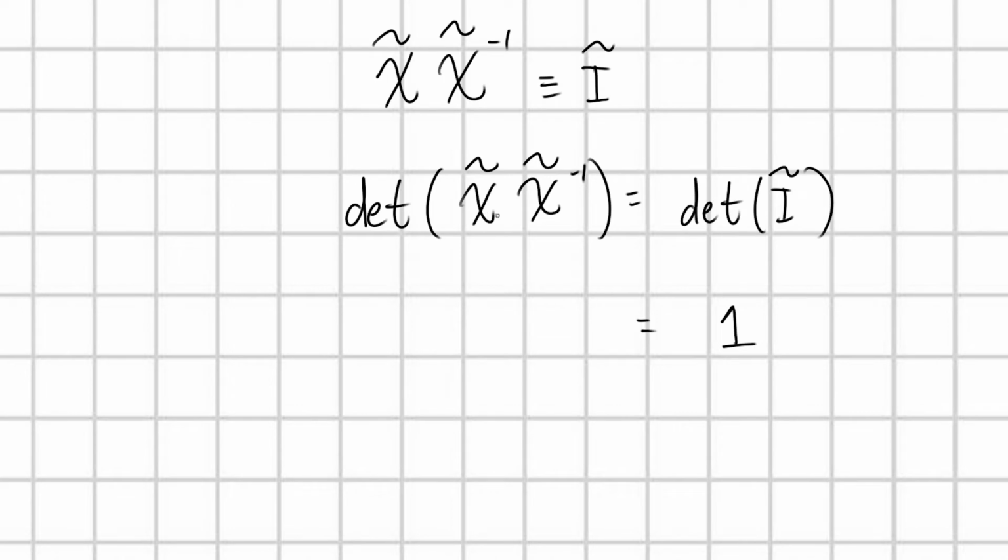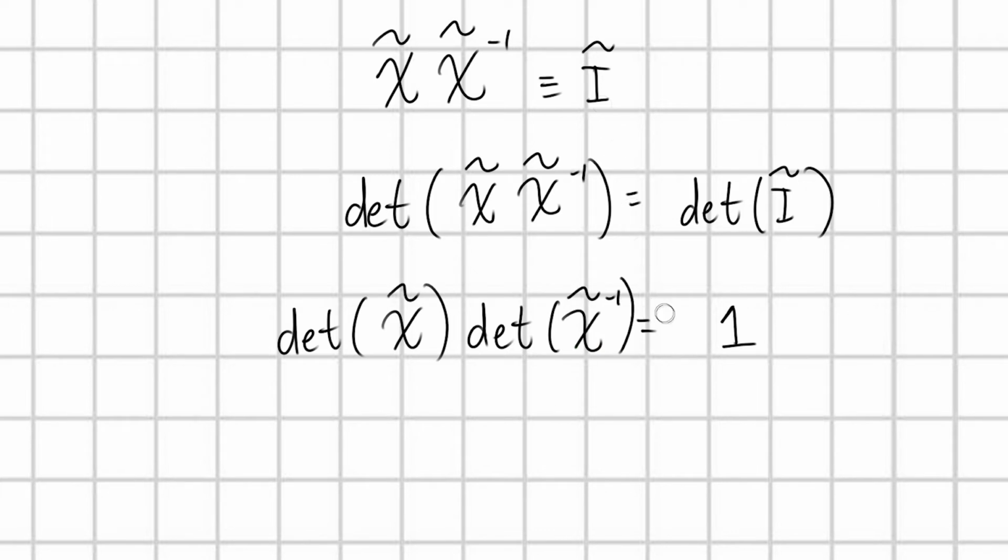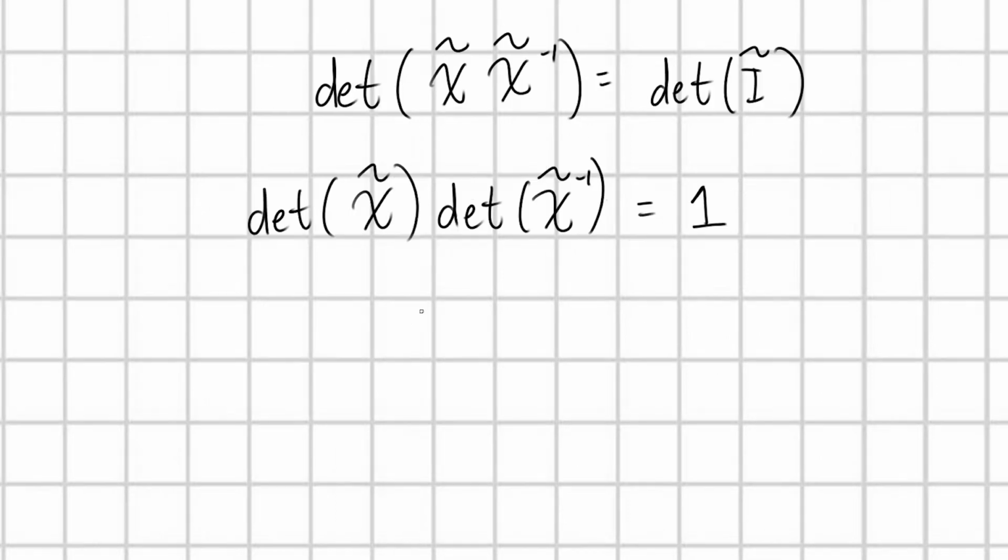The other important thing to note is that we can take this determinant and distribute it over chi and chi inverse. And again, this is another property of determinants that I don't think is too difficult to understand. We could just very easily test this assertion.